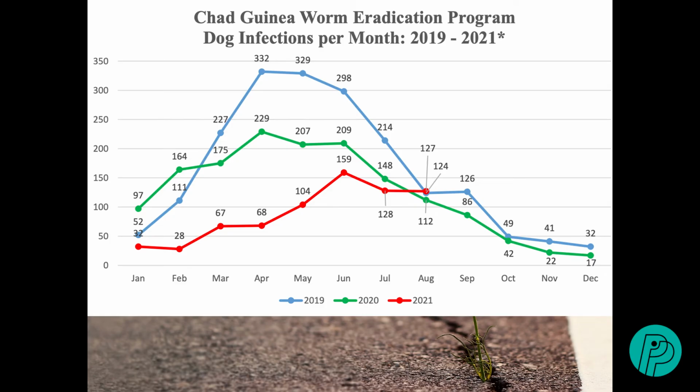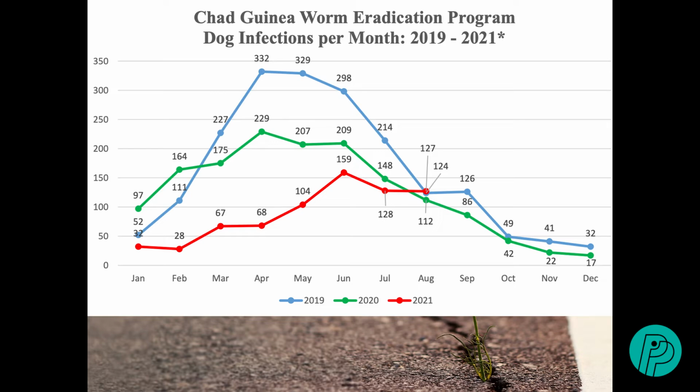If you look at this graph, 2019 numbers of cases in dogs are shown in blue. 2020 is in green. And then the number of infected dogs per month is shown in red for 2021 up until August of this year.